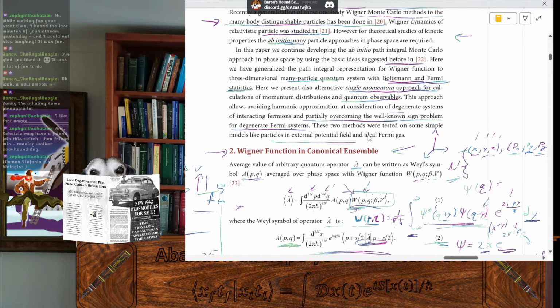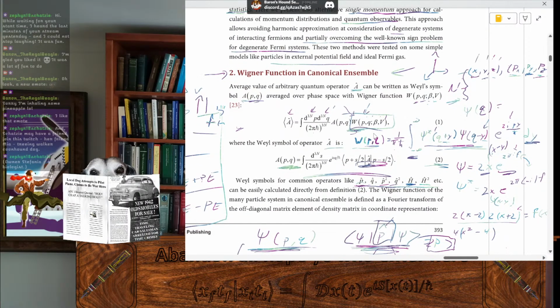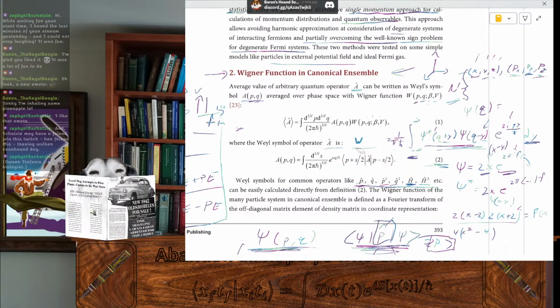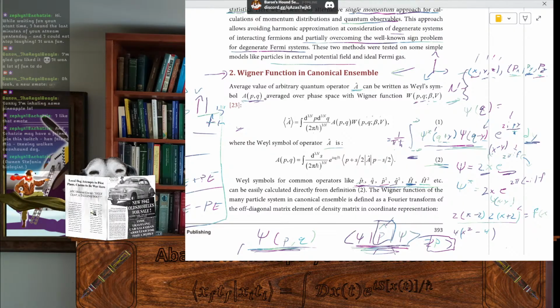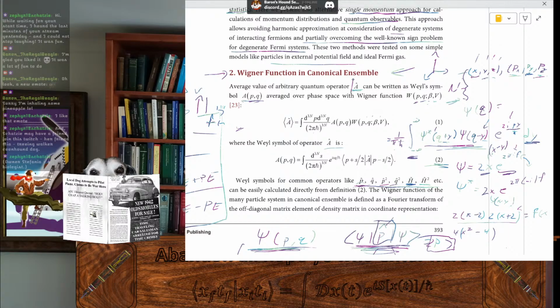Okay. Here's our math. Here's what we were looking at. So let's just re-look at this math really quickly to re-understand what's going on, to give us a little bit of background as we're moving forwards, right? So we are looking at a quantum operator A, and an operator can be something like the Hamiltonian.